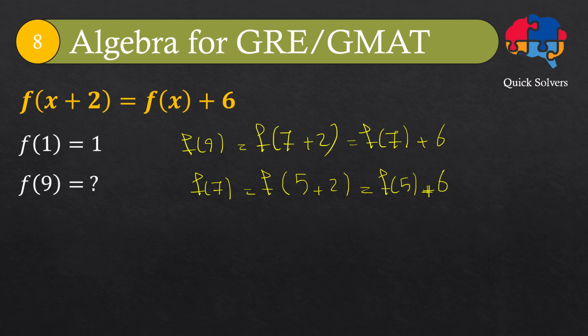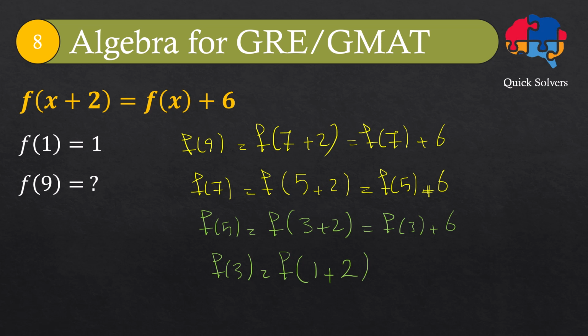I need to find f of 5, which is f of 3 plus 2, and this equals f of 3 plus 6. Again, we don't know what f of 3 is. I need to find it, but I can write it in the format of 1 plus 2, which means I need to find f of 1 plus 6.